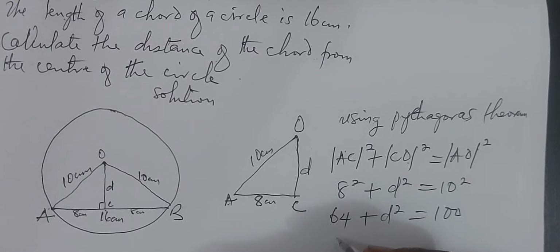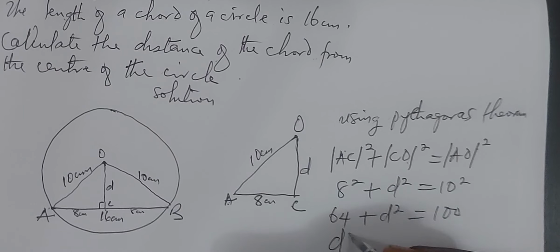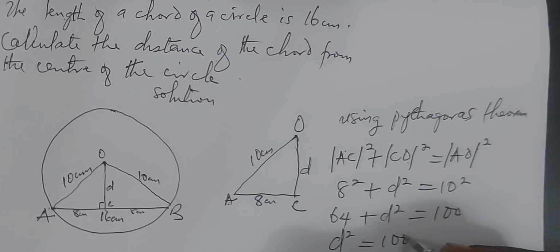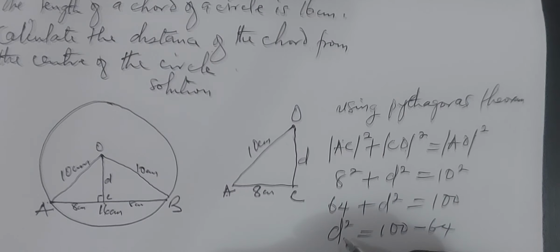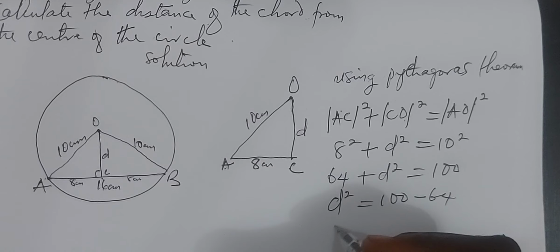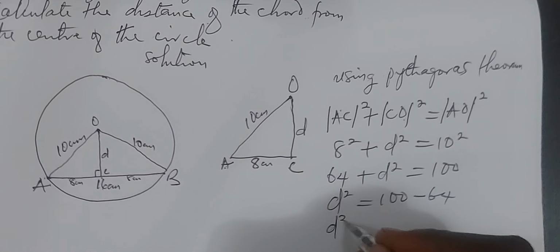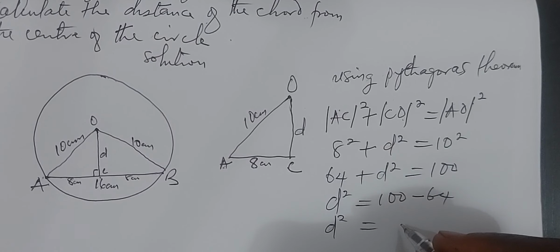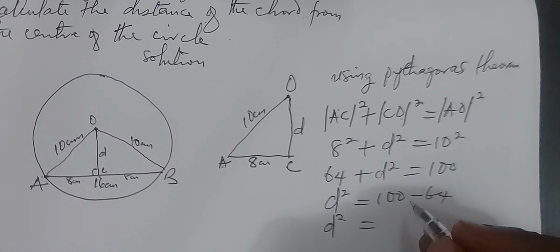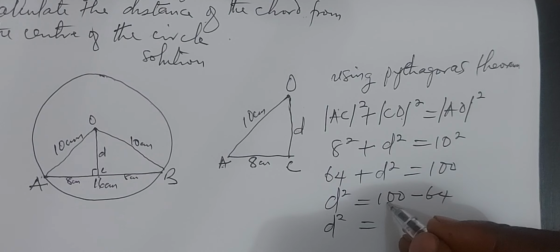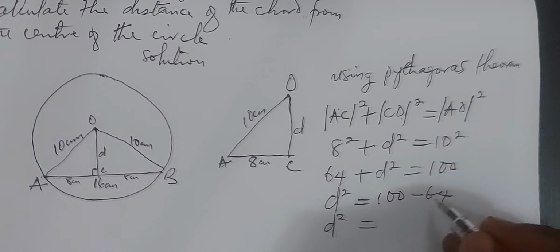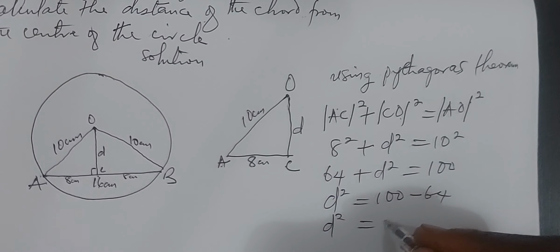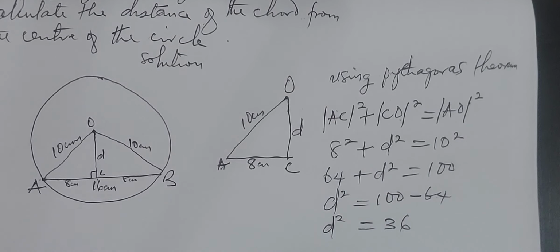So let's find our D. We have D square is equals to 100 minus 64, which is 36.